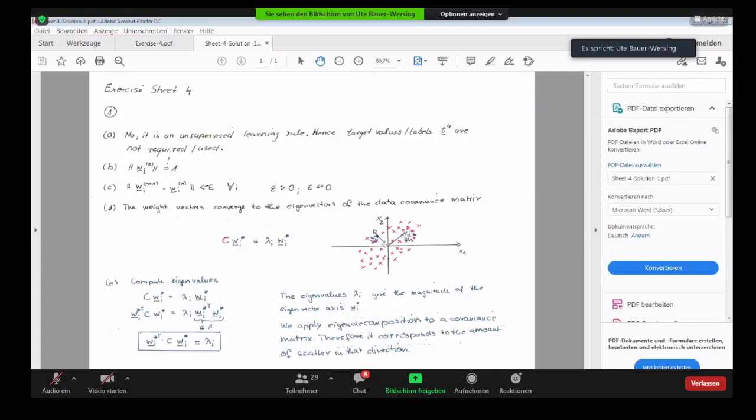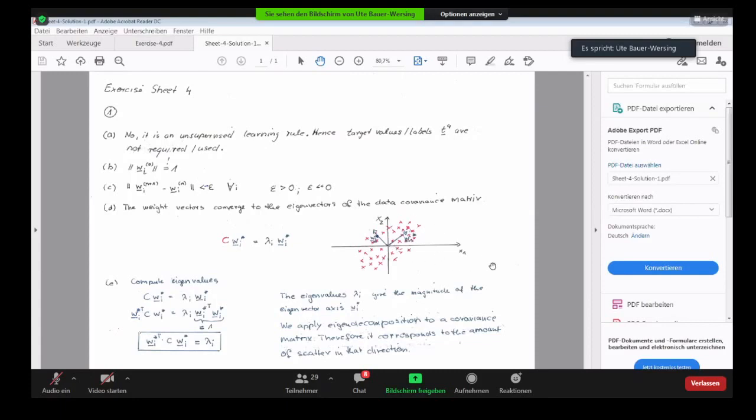And weight vector 2 is perpendicular to that weight vector and gives you the direction with the next largest variance in space. Since we can only draw this for two-dimensional space, that's a visualization in two dimensions. So we have x1 and x2 inputs. That's the data distribution.